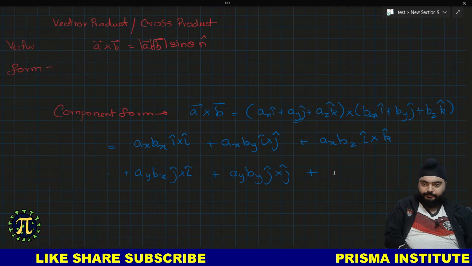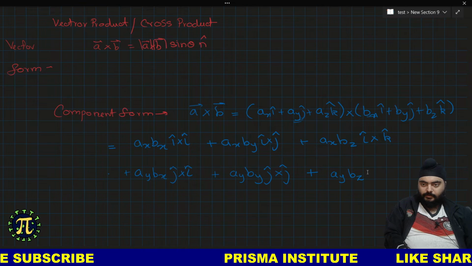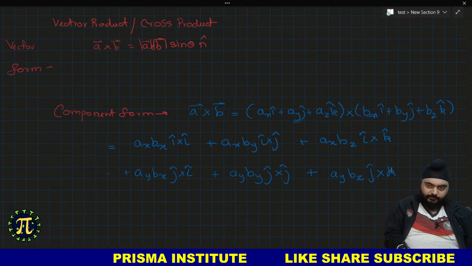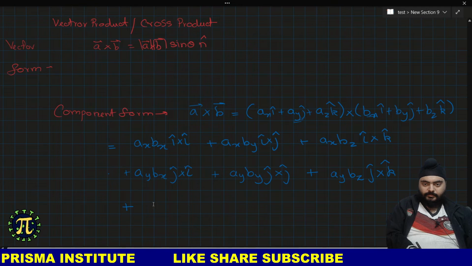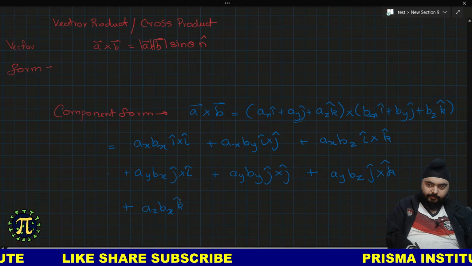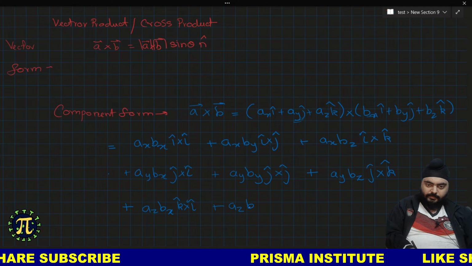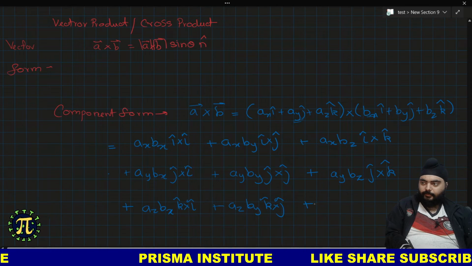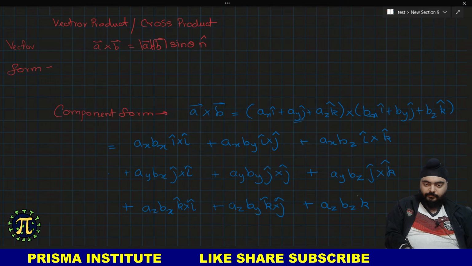Third term will give me Ay Bz, so second term and third term Ay Bz, j cap cross k cap. And last 3 terms are coming out to be, so Az Bx k cap cross with i cap plus Az By k cap crossed with j cap plus Az Bz k cap cross k cap.